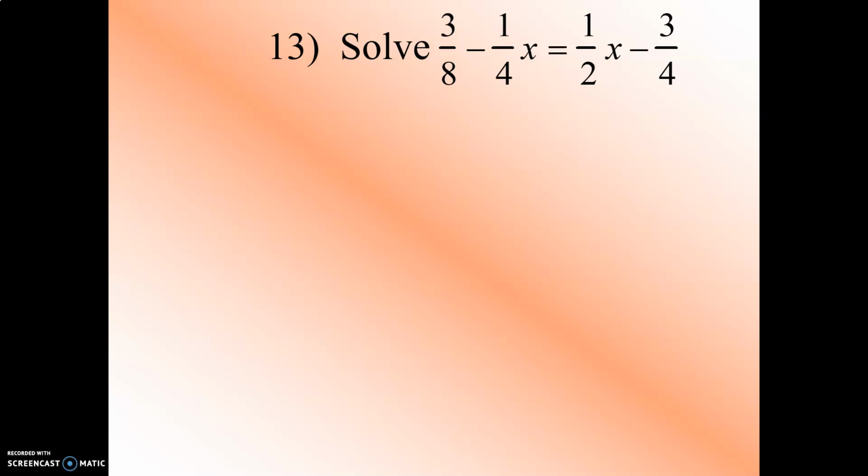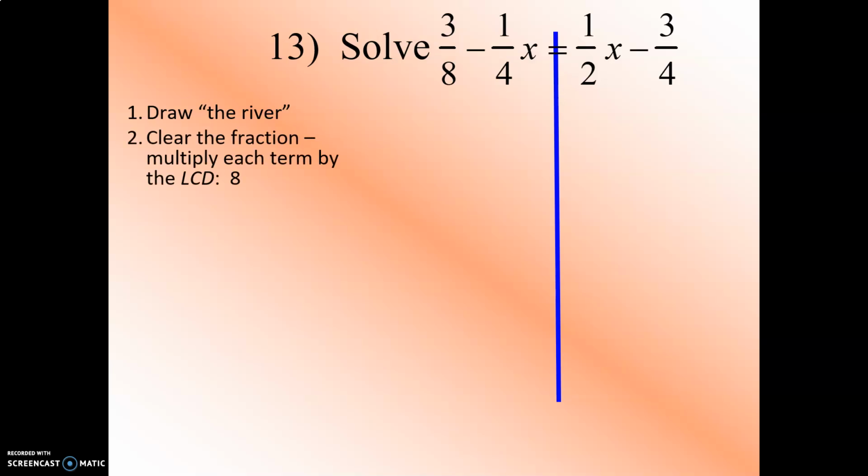But the nice thing is, since 8, 4, and 2 all have something in common, if we were to multiply by the least common denominator, the lowest common denominator, which in this case is 8, we can actually take care of all those denominators in one shot. If we multiply everything by 8, all of those fractions will become whole number parts, whole number coefficients, and it doesn't change our equation.